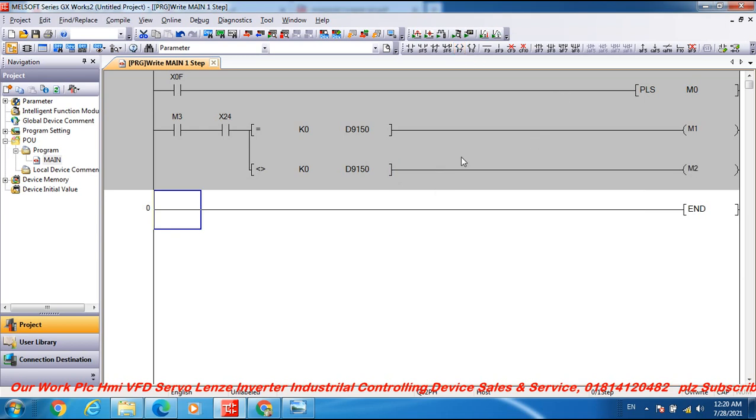And this block is the M1 is the normal write and M2 is the abnormal write.